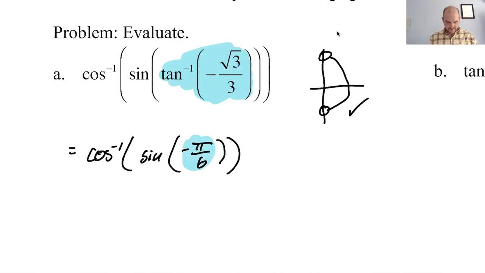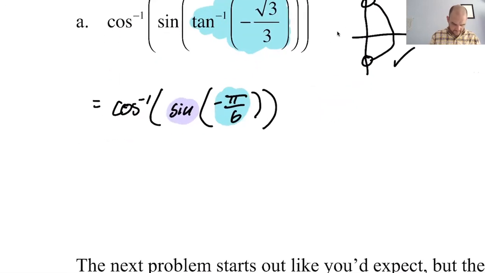Now I need to figure out the sine of that. So this is going to be the inverse cosine of, what is the sine of negative pi over 6? You can think of it any way you want. You could think of the sine of 11 pi over 6, because 11 pi over 6 is coterminal.